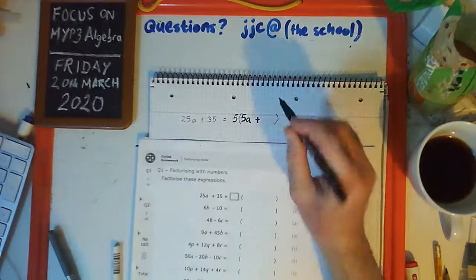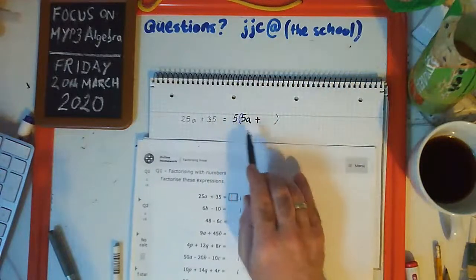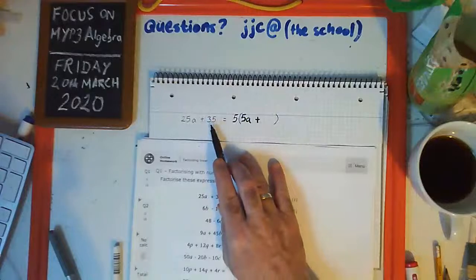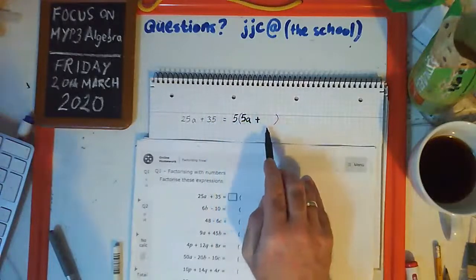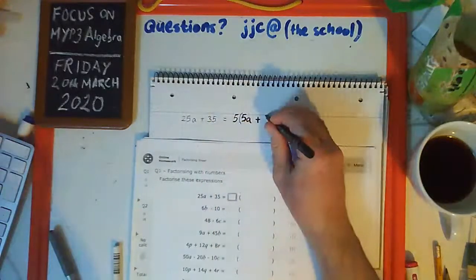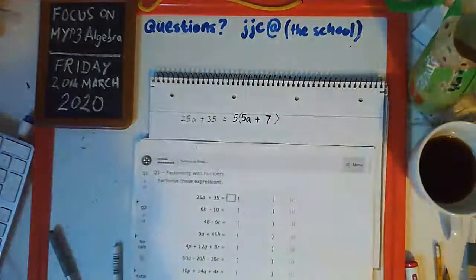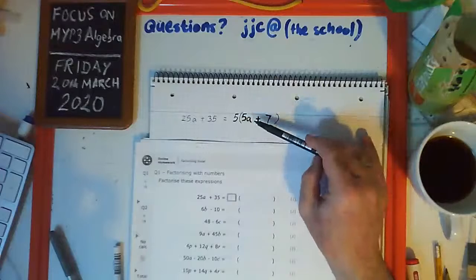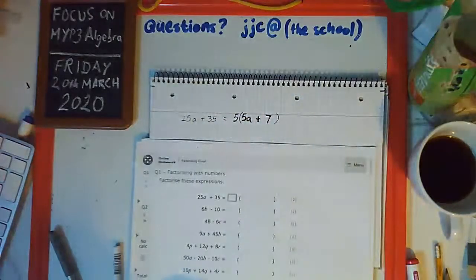And then I'm asking myself the question, 5 times what in the brackets will give me the 35? Well, 5 times 7 is 35, so that needs a 7 in the brackets. So the factorization is 5 times 5a plus 7.